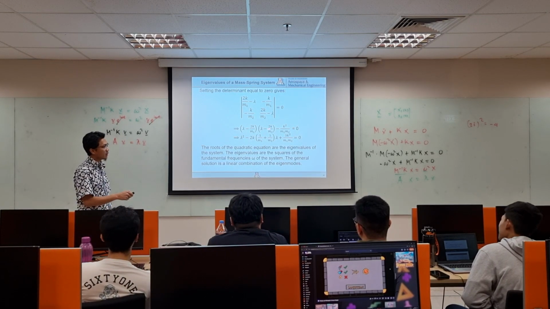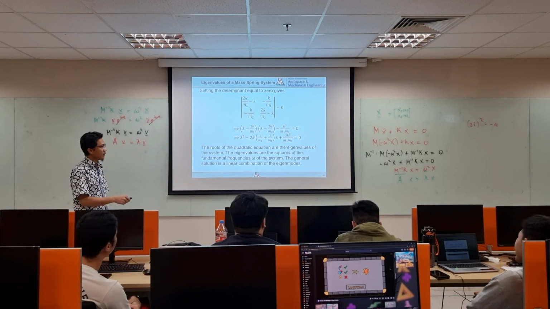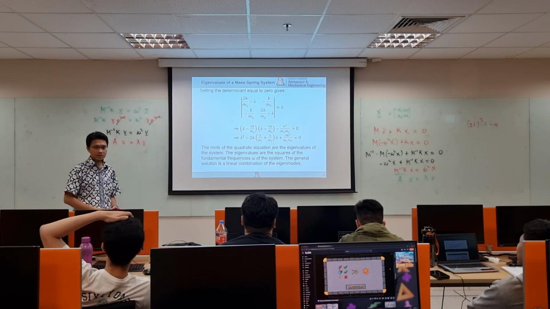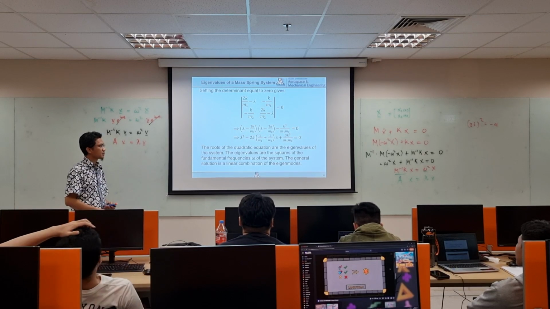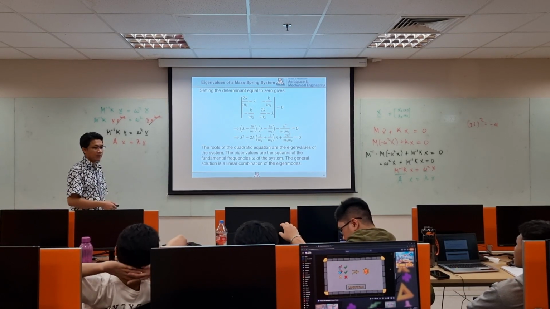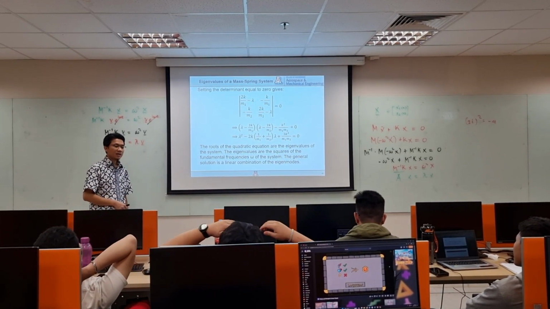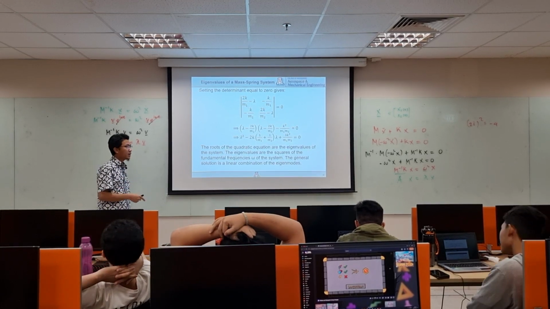Then you will get this. And so finally you get the quadratic equation in lambda. So the roots of this will be the eigenvalues of the system and also the omega square.